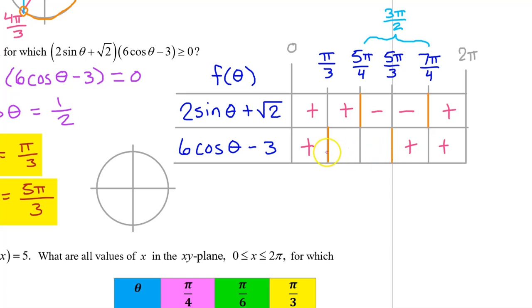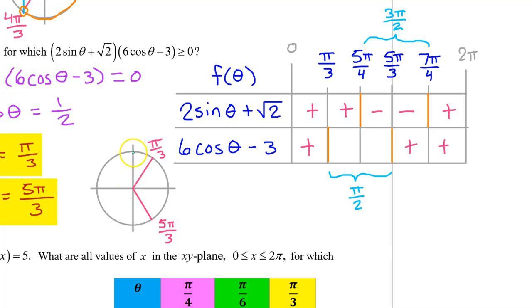That just leaves this middle interval between pi over 3 and 5 pi over 3. On the interval from pi over 3 to 5 pi over 3, there are many good test values we could use. I'm going to choose pi over 2 because the cosine of an angle is the x value on the unit circle, the horizontal displacement.